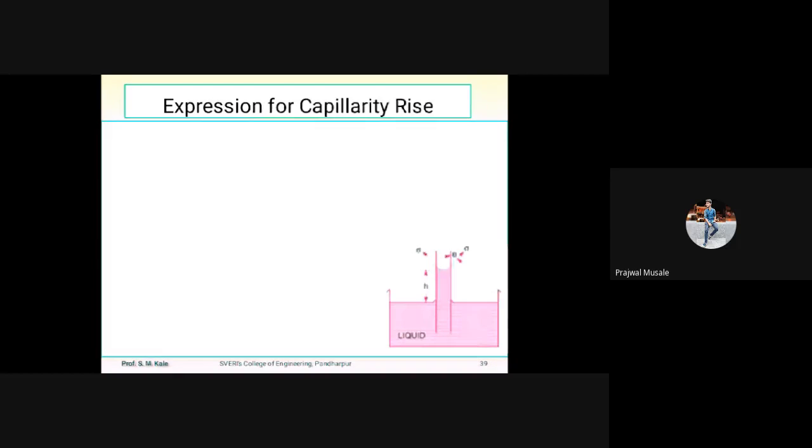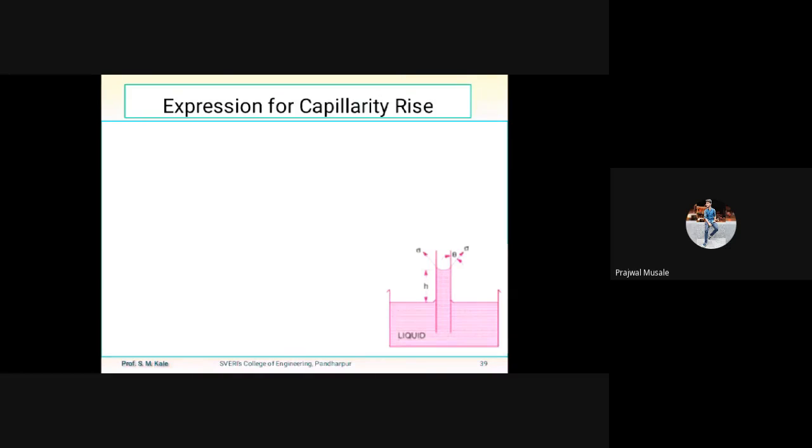Here h indicates the height of the liquid level inside the capillary tube above the general level of the surrounding liquid. And here sigma is the tensile force, and the angle made by sigma with the capillary tube is theta.